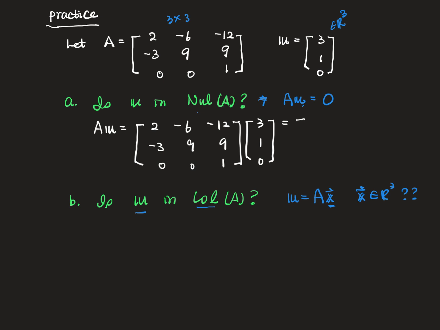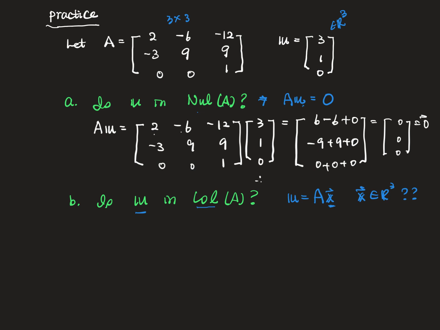I'm assuming everyone already did it. 2 times 3 is 6, negative 6 times 1 is negative 6, negative 12 times 0 is 0. Second row, negative 9 plus 9 plus 0. Third row, 0 plus 0 plus 0, right? So you have 0, 0, 0. So AU is going to be the 0 vector.